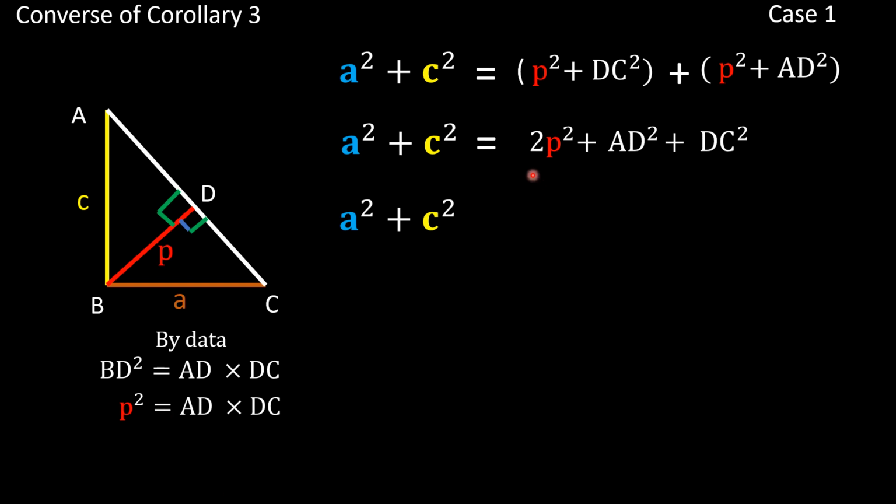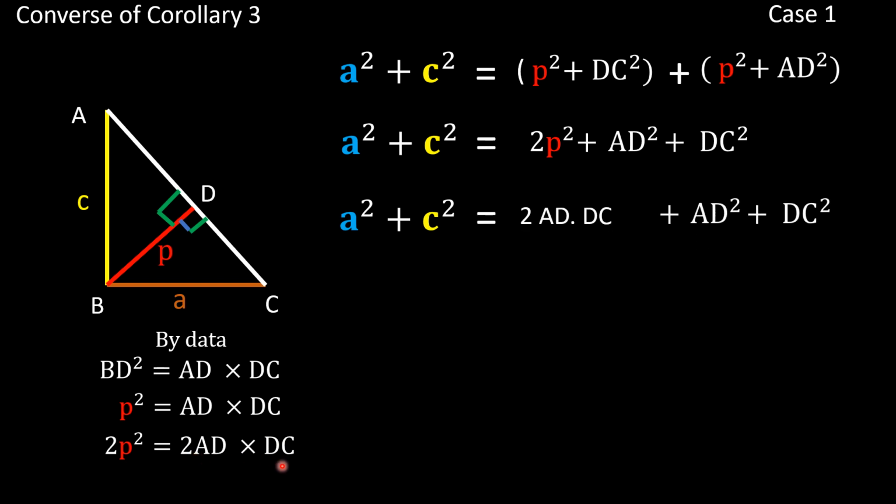But we wanted 2p square. Therefore, multiply throughout by 2. So 2p square is equal to 2 AD into DC. Now we have got 2p square with the help of data. So substitute for 2p square as 2 AD into DC in the next step, plus the remaining two terms as it is.